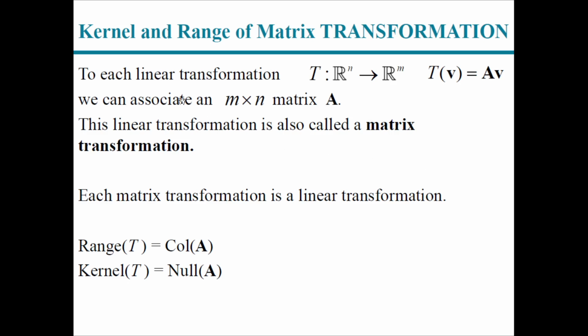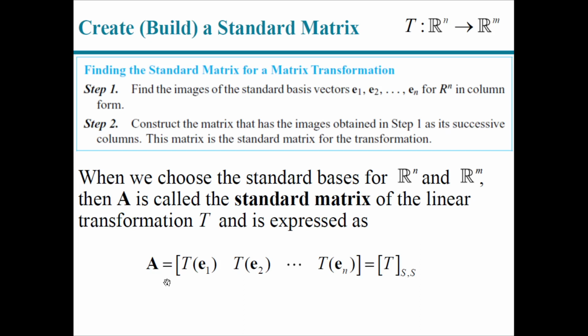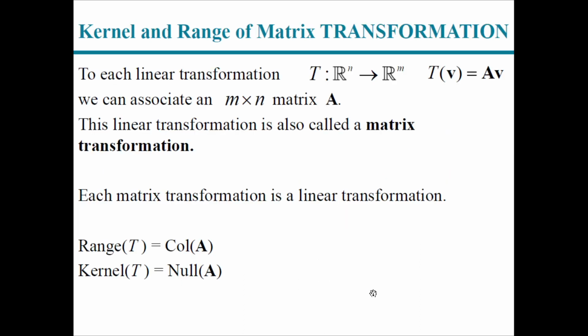Now, the good news is our linear transformations from Rn to Rm have this matrix associated to them. So they are also called matrix transformations. The action of the transformation is actually the same as multiplication by a matrix A, where the matrix is the standard matrix.